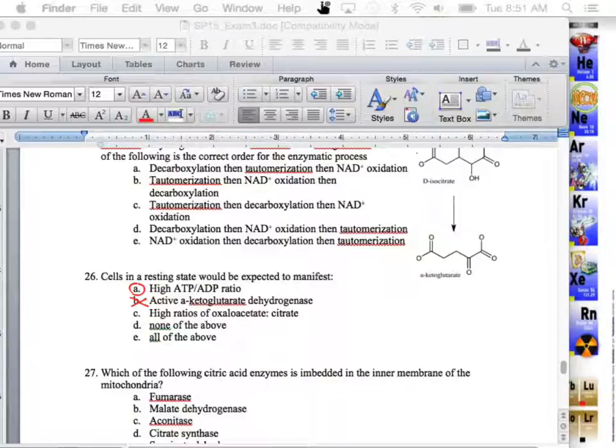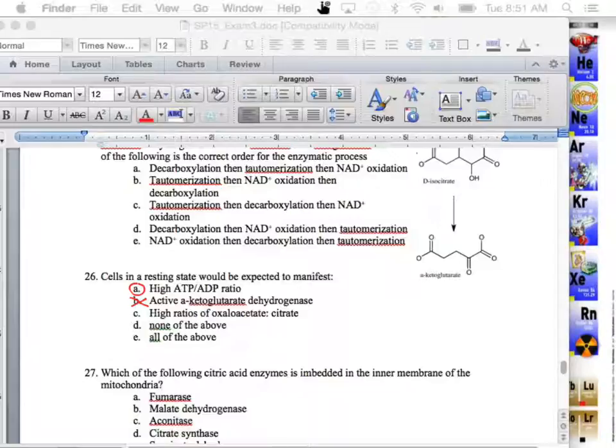Okay, high ratios of oxaloacetate to citrate. Oh wait a second, I thought I'd switched it. Did I start editing questions? That is the same question.